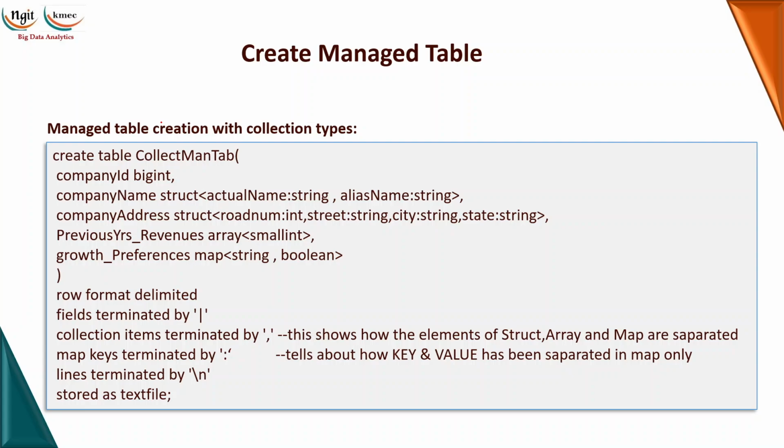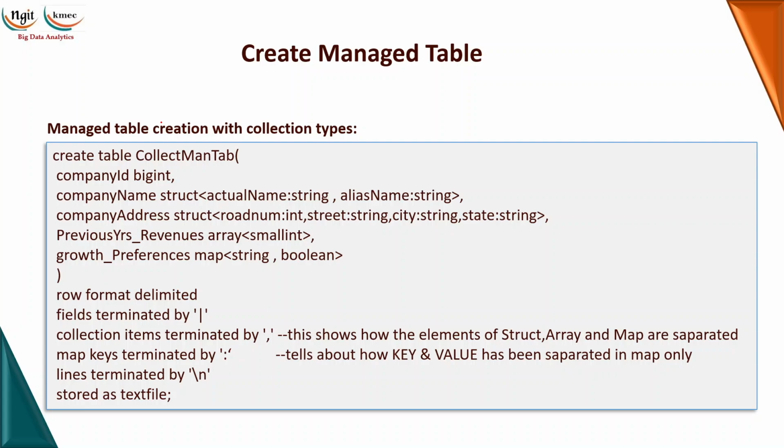Company name, as we have seen, has two elements, that is actual name and alias name. These are strings. And the company address is also a struct of several elements, that is the road number, street number, and then city and the state. And previous year's revenues is the array as we discussed, and growth performances, that is a map of string and boolean.